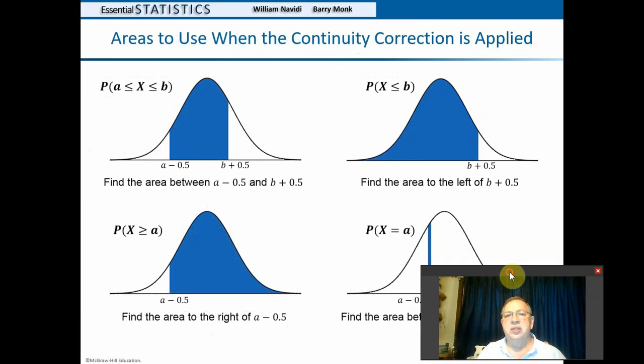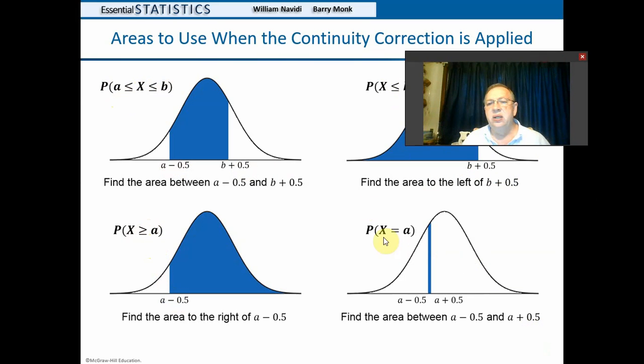So here is a figure that puts all of those different scenarios into one drawing. Here is if I wanted to have the probability of A less than or equal to X less than or equal to B, I'm going to subtract 0.5 from the A, add 0.5 to the B. X less than or equal to B, I want to add 0.5. Bigger than A, I'm going to subtract 0.5 to include that.